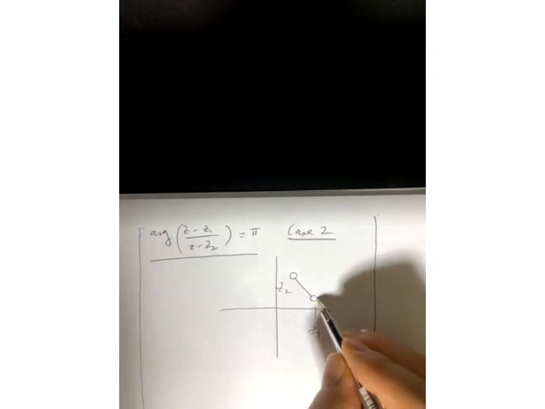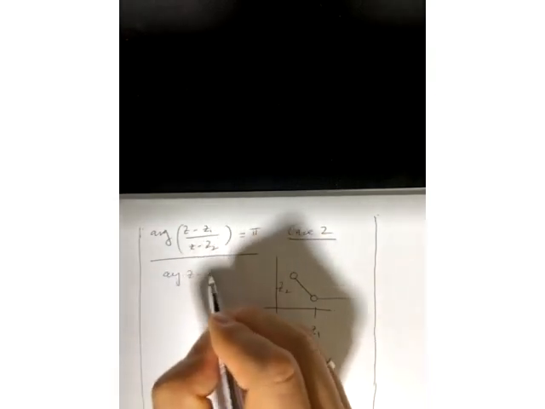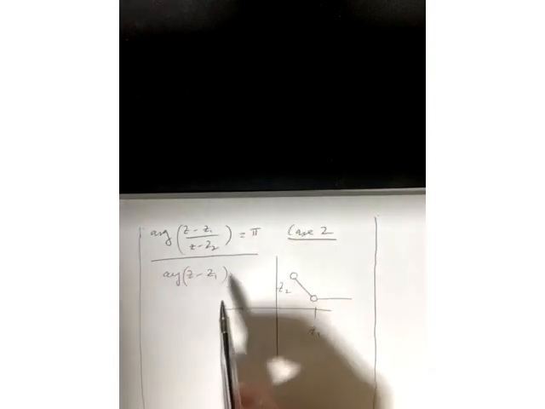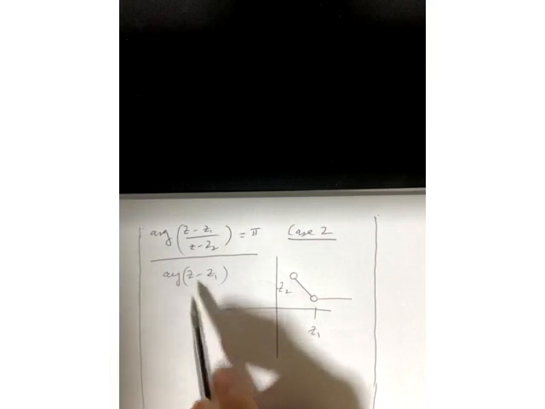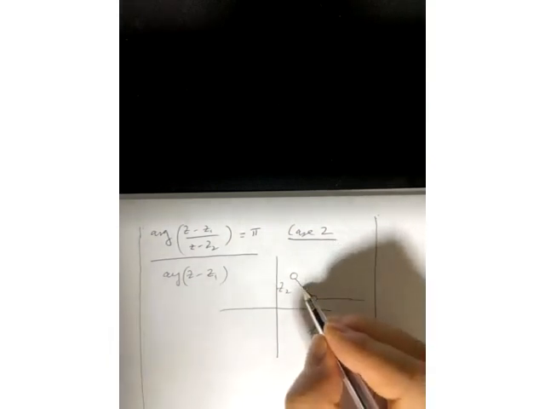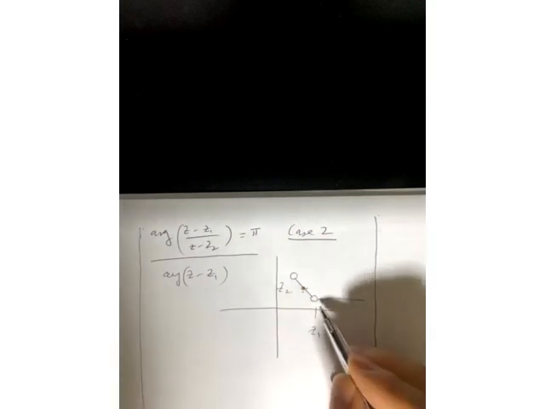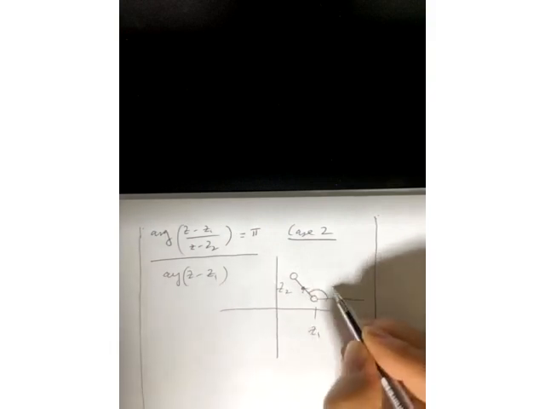And the reason for that is the definition of arc of z minus z1, which means the angle that the vector from z1 to z makes with the positive direction of the x-axis. In that case, if your z is, say, here, then arc of z minus z1 would be this angle here. Let's call it alpha.